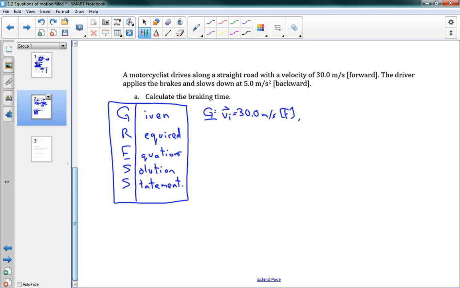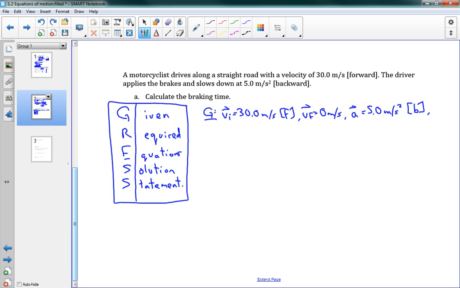We're given that the final velocity, while we're stopping, is equal to 0 meters per second. There's no direction on 0. We're given that the acceleration is equal to 5.0 meters per second squared backwards, so I'm going to put the letter B there.